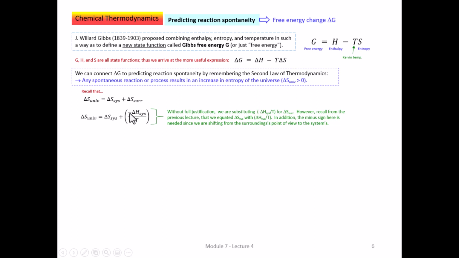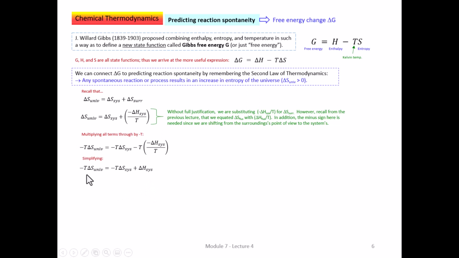Now, if you accept my substitution, we can move on a little farther by multiplying everything through by minus T. If I do that, we get minus T delta S of the universe equals minus T delta S of the system minus T times our minus delta H of the system over T term. And of course, these T's cancel out.